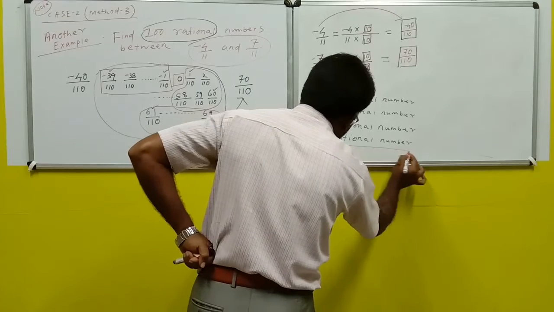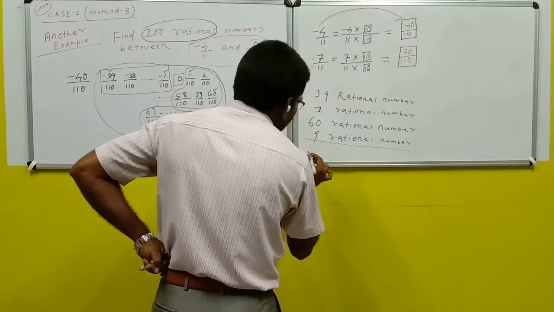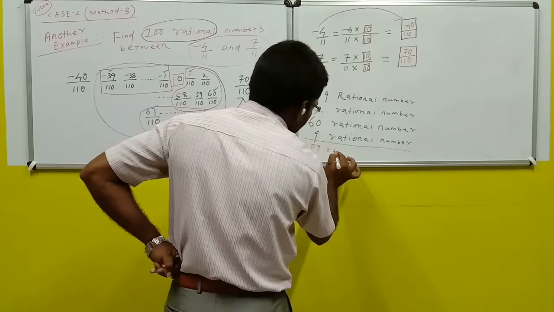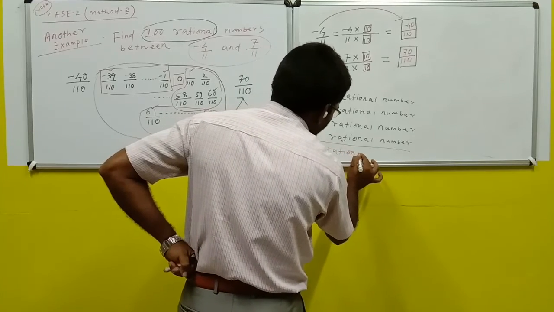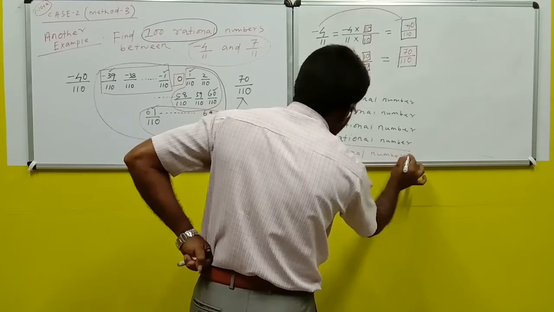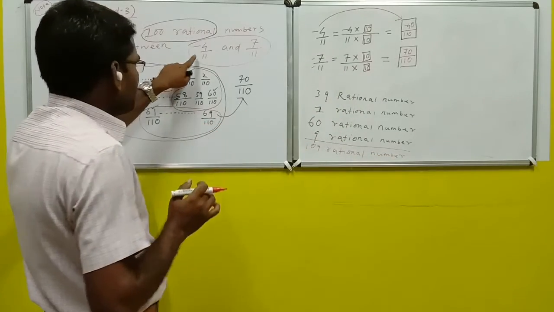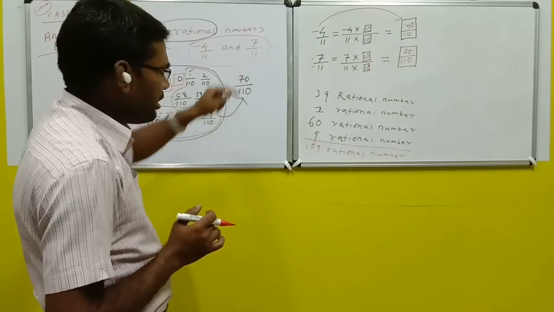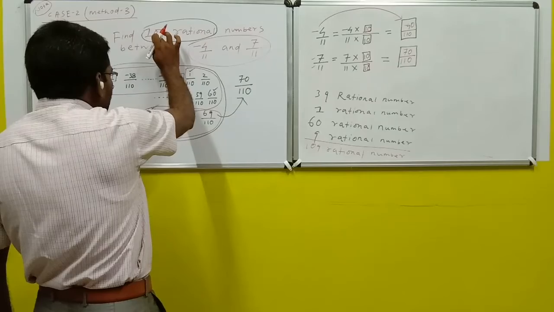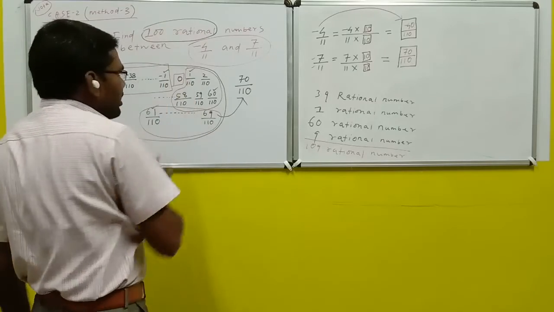So totally you have found out 109 rational numbers between your given rational numbers minus 4 by 11 and 7 by 11. But in the question, it is asked to you only to find 100 rational numbers.